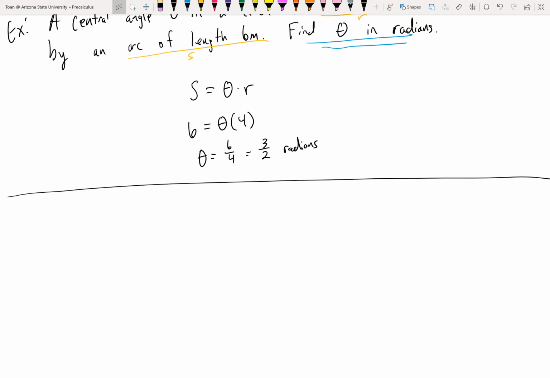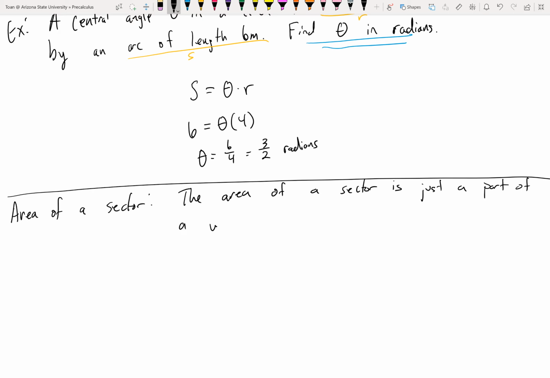The other physical attribute of a sector is its area, and the idea is 100% the same idea as arc length. The area of a sector is just a part of a whole circle's area.